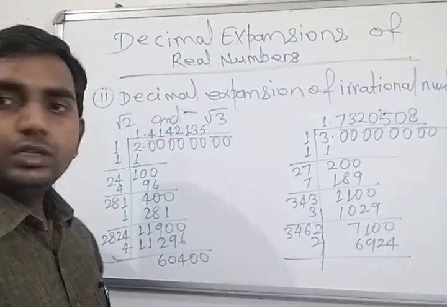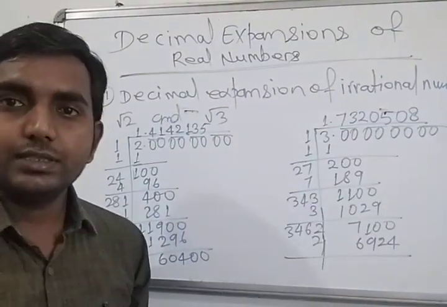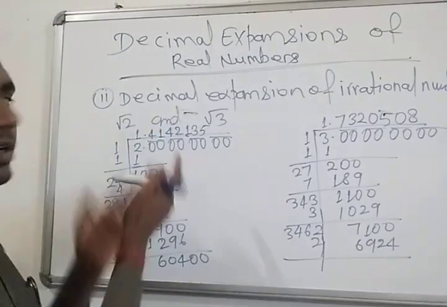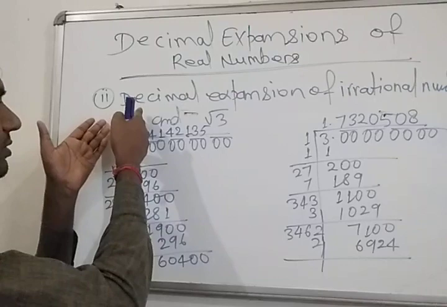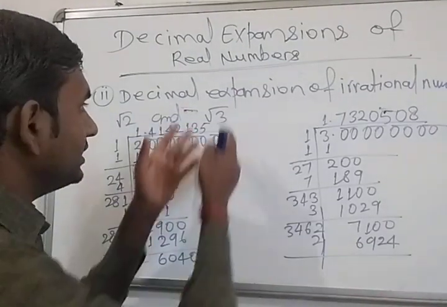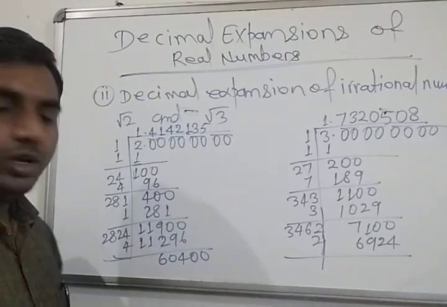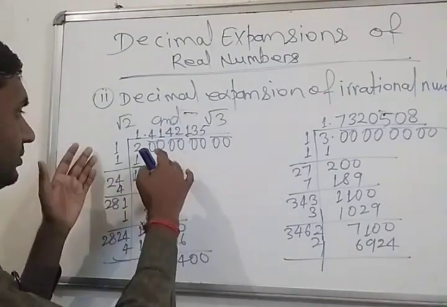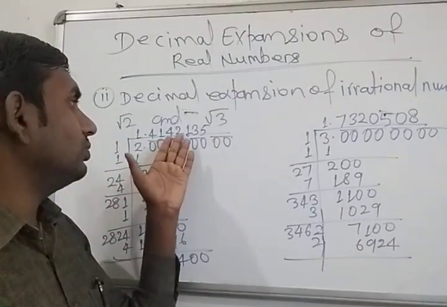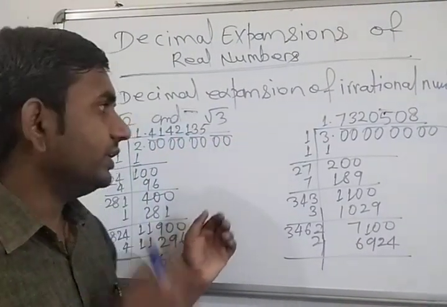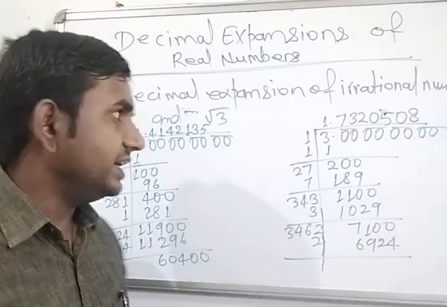Now we are going to study the decimal expansion of irrational numbers. In the previous video, in part 1, we studied that root 2 is an irrational number, and root 3 is also an irrational number. If you want to find the value of root 2, then by finding its square root we get 1.4142135, and it neither repeats nor terminates.